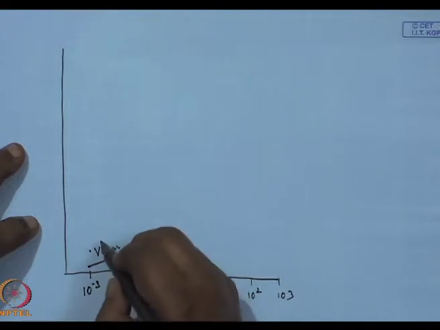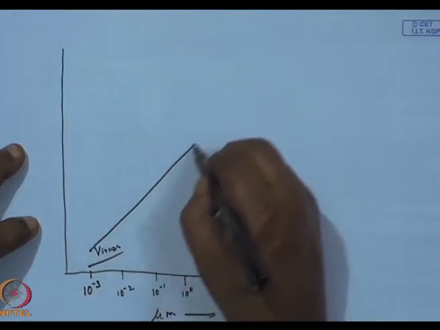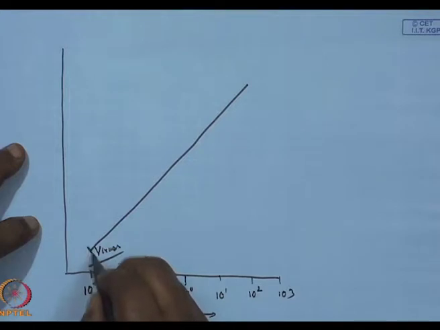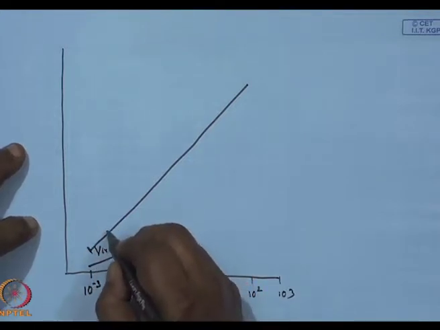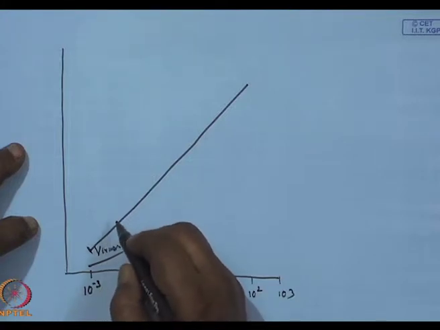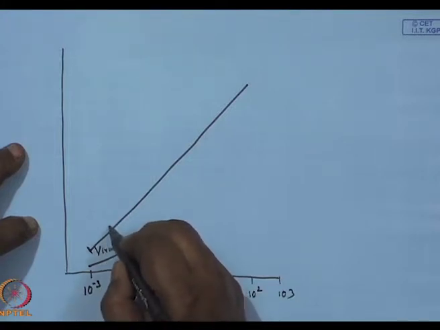Now, this range, let me draw a line and help you. This is where viruses are. Today's paints, the ones that are weather coat paints, they are here.